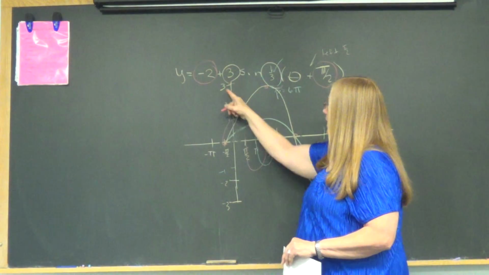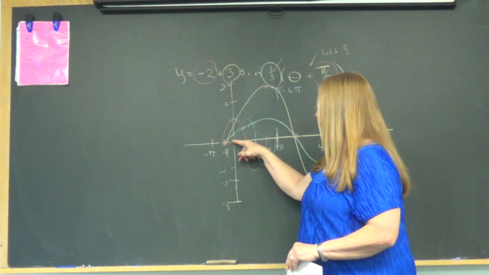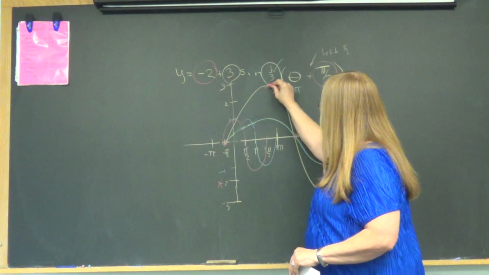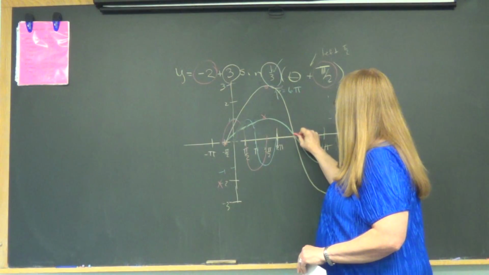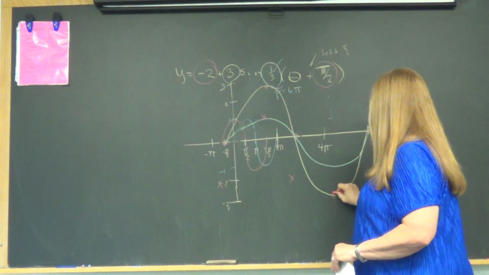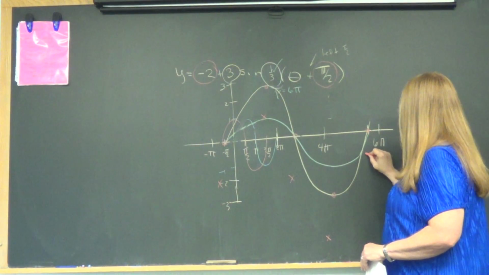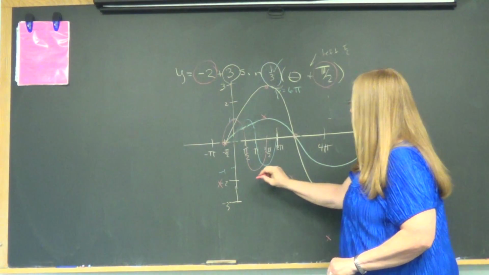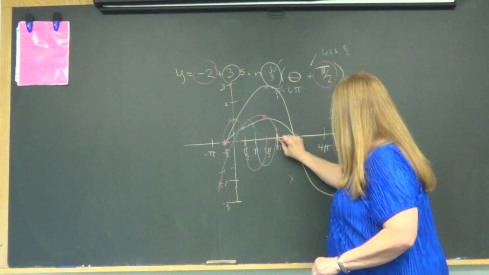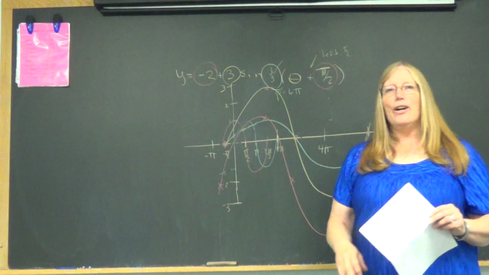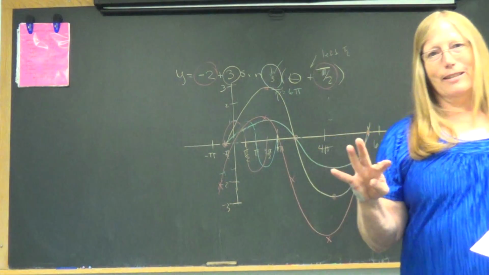So I'm going to pull it down too. So here it is on the x-axis. It comes down 2, and this comes down 2, this comes down 2, this comes down 2, this comes down 2. All right, now I'm going to connect all the red ones. All right, so that is all 4 changes at once.